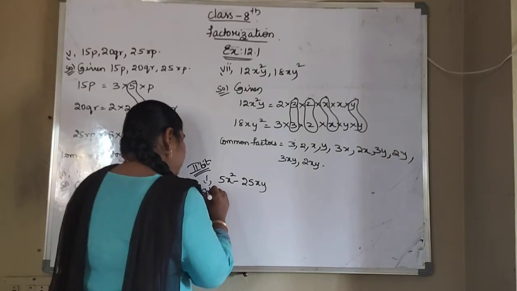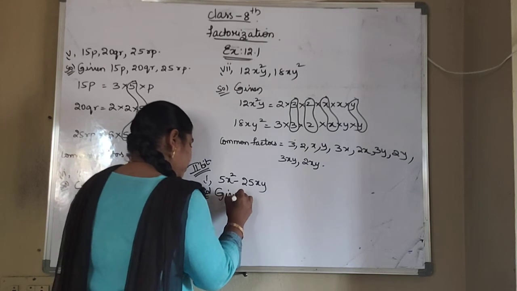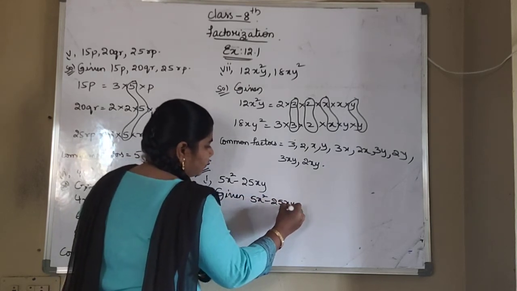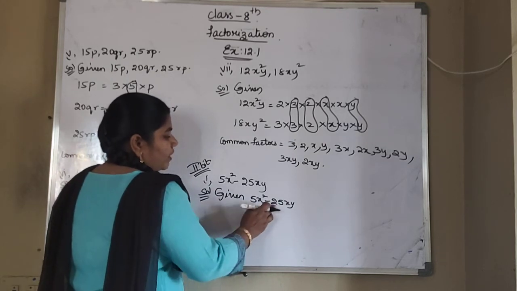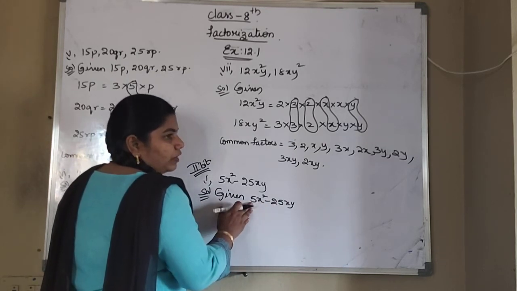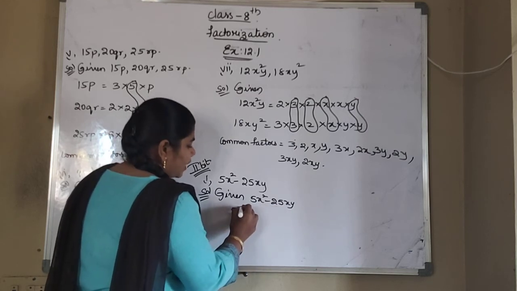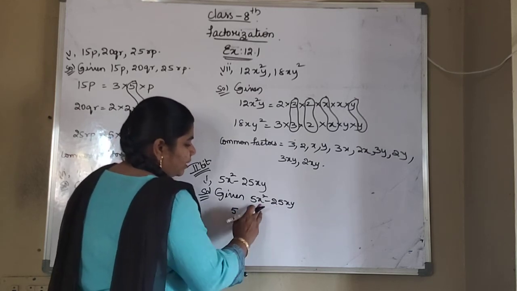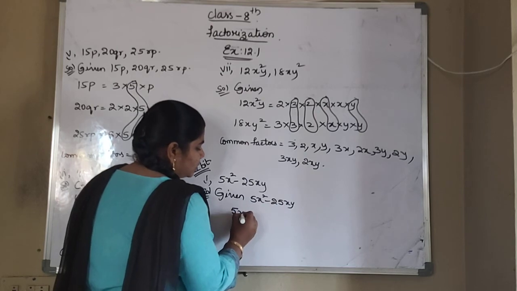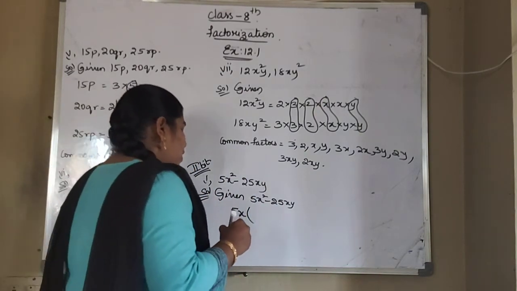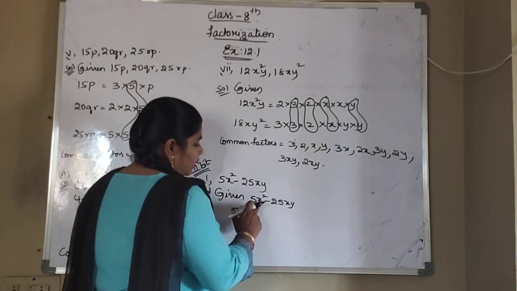Given 5x square minus 25xy. In these two, 5 is common. 5 will go in 5 table, 25 will also go in 5 table. So I am taking 5 as common, and in alphabets x and x, one x is common. So 5x is common, and what is the remaining term?